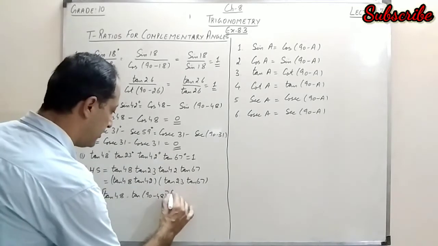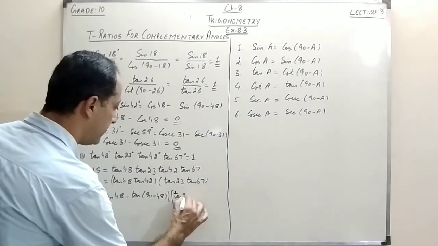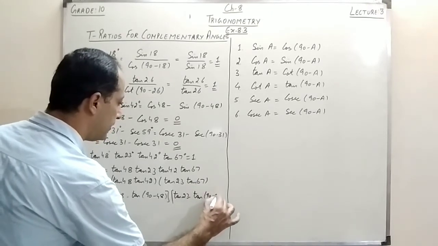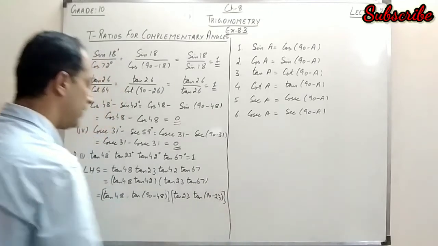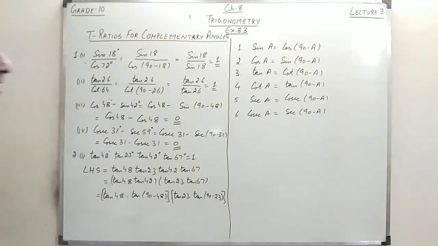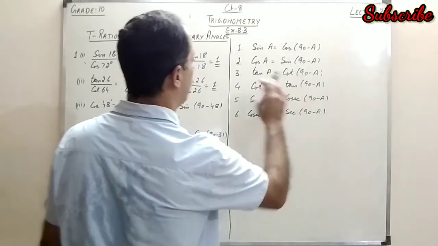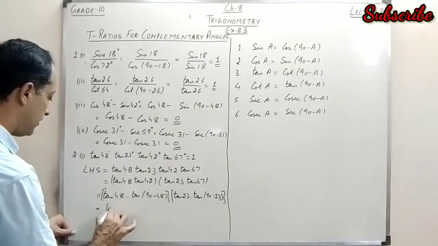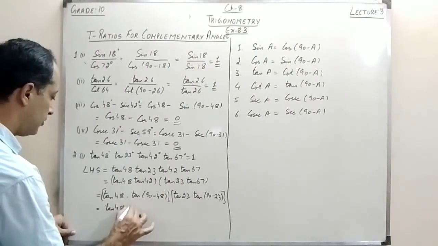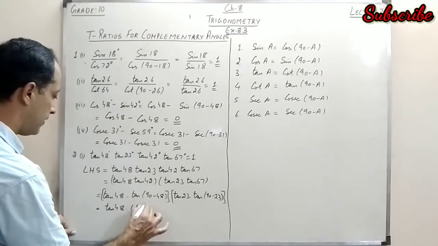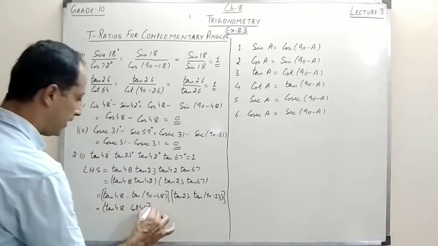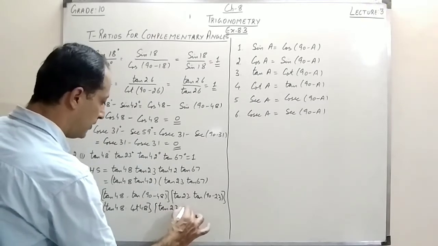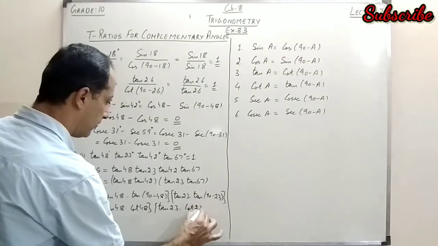Similarly, this side also I change, this is tan 23 into tan of 90 minus 23. Now, I know tan of 90 minus A is equal to cot A. So this is tan 48 into cot 48, and this side I have tan 23 into cot 23.